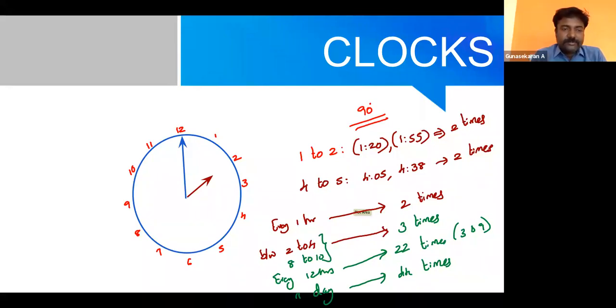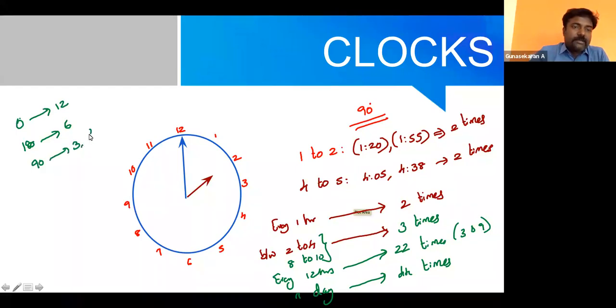Anyone tell me? 0 degree linked with 12 o'clock, 180 degree linked with 6 o'clock, 90 degree linked with 3 and 9, 30 degree linked with what time? One and 11. 11 o'clock also 30 degree.